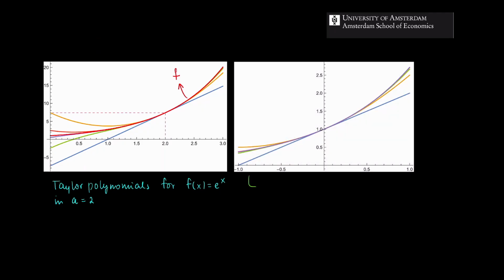On the right hand side we see a similar picture, and here we look at the Taylor polynomials at 0. It's good to realize that when we take Taylor approximations at 2, they are different from the Taylor approximations at 0. But for the Taylor approximations at 0, we see the same aspect. Here the blue line is the linear approximation, and we see that nearby a, the higher order Taylor approximations fare better in approximating the function values.